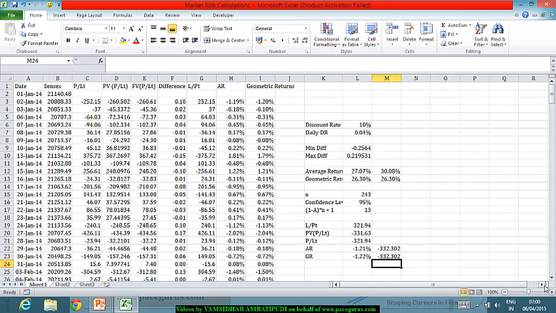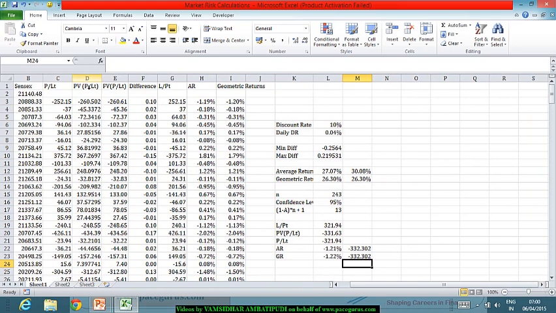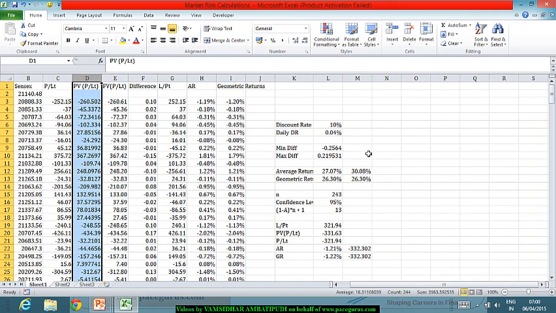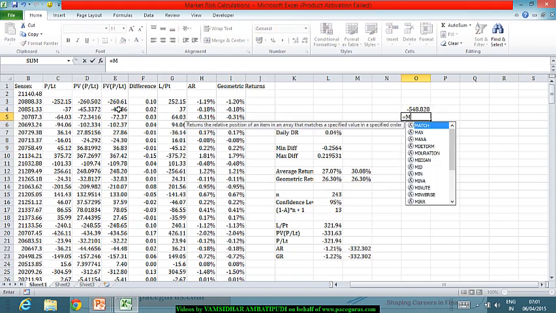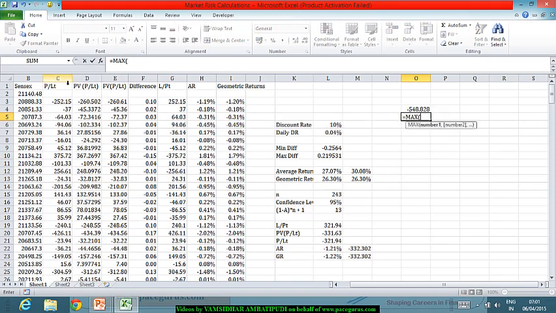Probably let's try to look at it. Let's say I want to do it for the present value of the profit or loss, right? So I'll try to find out the minimum value of the present value, minus 548, and the maximum value of the present value. Maximum value is 640.